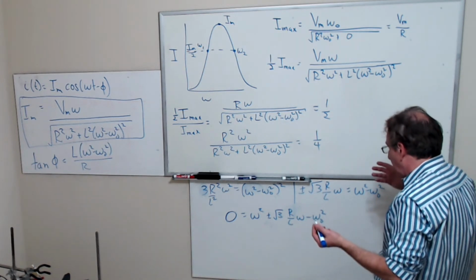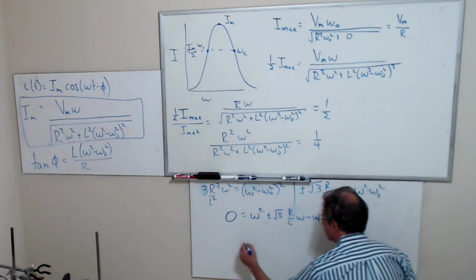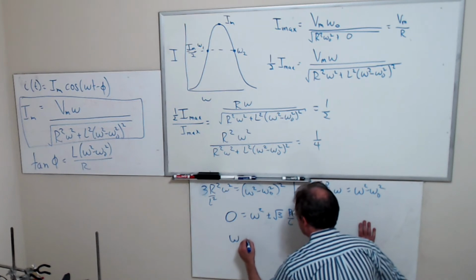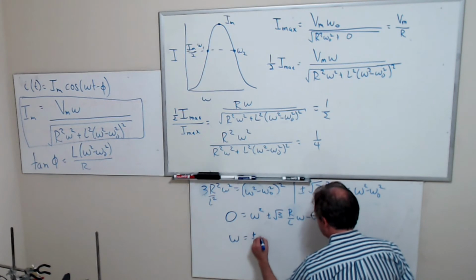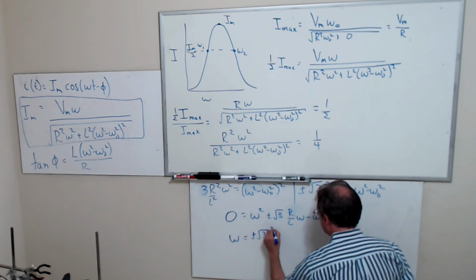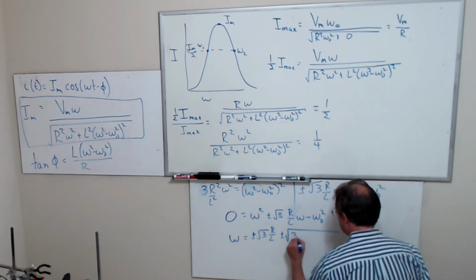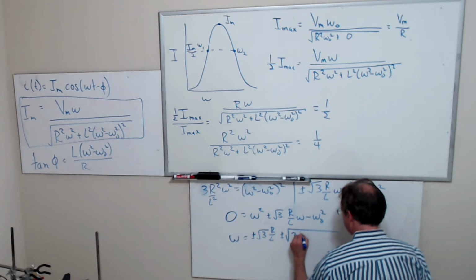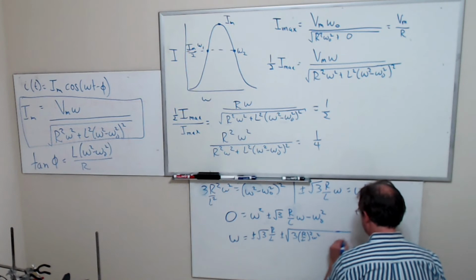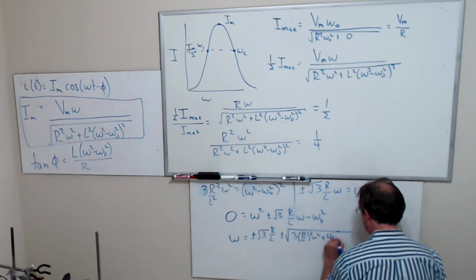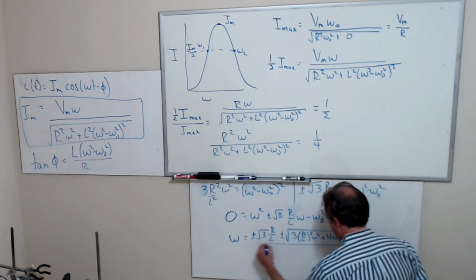I just use the quadratic formula for this. So for me to find the 2 frequencies that satisfy this, I use the quadratic formula: minus b plus or minus the square root of this guy squared plus 4 omega naught squared, over 2.